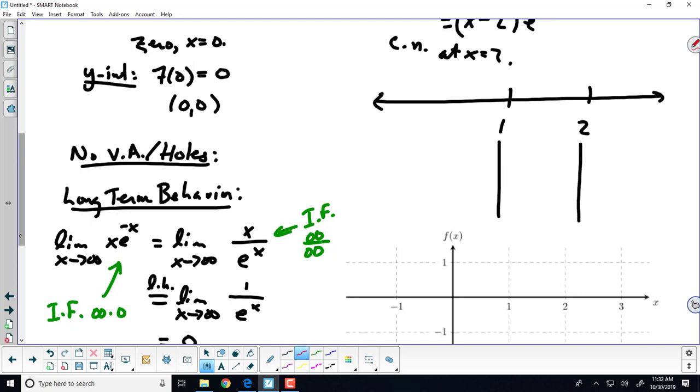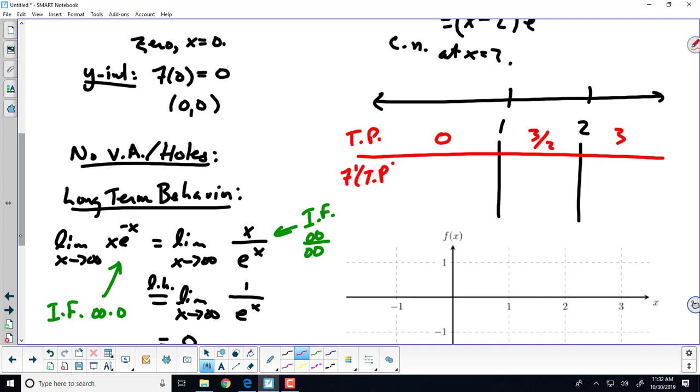Good check. Okay, so we're going to pick some test points. What should we pick? Let's pick 0, let's pick 3 halves, and let's pick 3. Then we look at f prime of our test point.